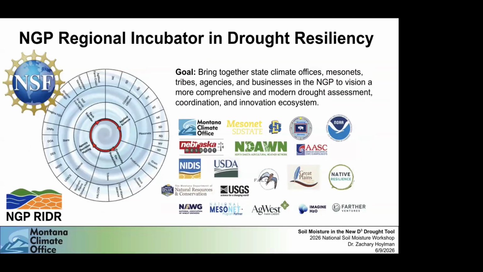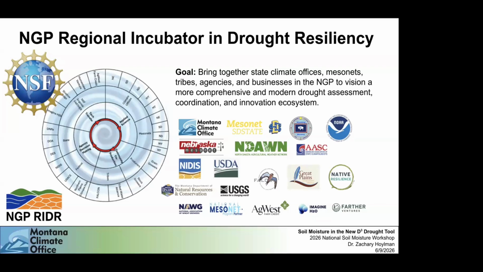Like I said, this is really an expression of the data delivery capabilities that we're seeking to provide through this NSF project, the NGP Rider project, which is an NSF R2I2 Regional Resilience Innovation Incubator, I think is the acronym. This is a phase one award.